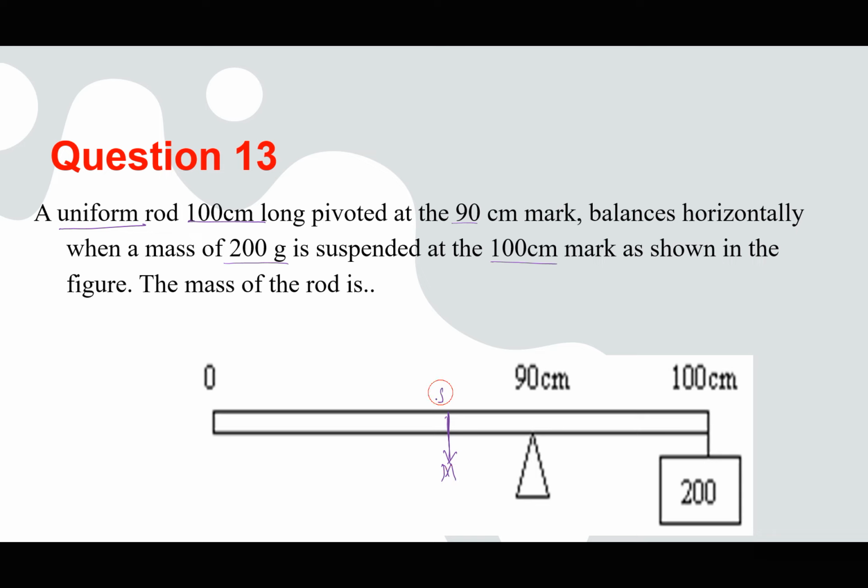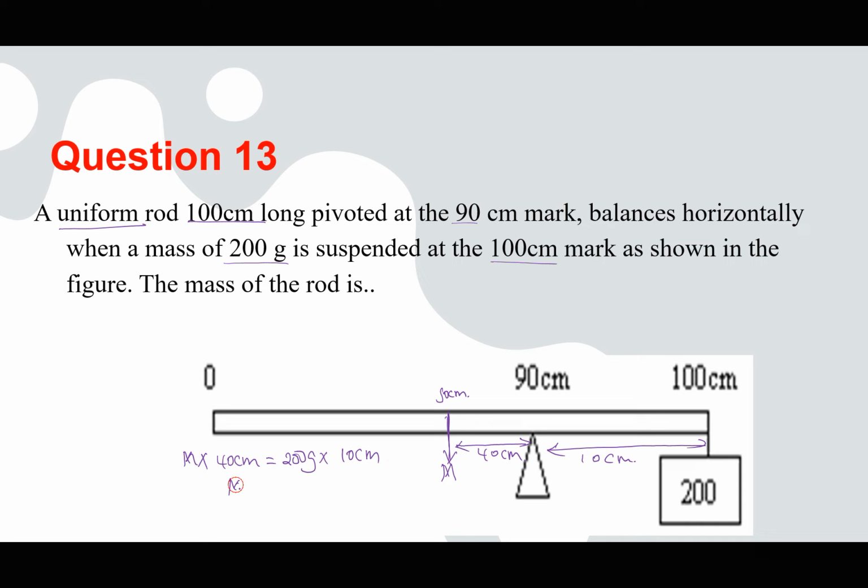And M, because this is at the 50 centimeter mark, since this is a uniform rod of 100 centimeters, this length is going to be 40 centimeters. This length is 10. This is not drawn to scale. So taking moments about the pivot, M times the perpendicular distance, which is 40 centimeters, is going to be equal to 200 grams times the perpendicular distance, which is 10 centimeters.